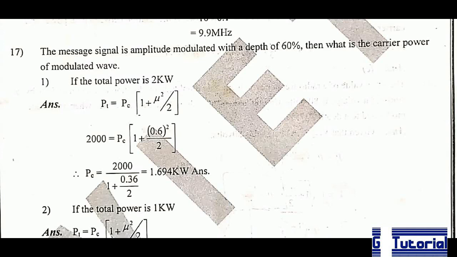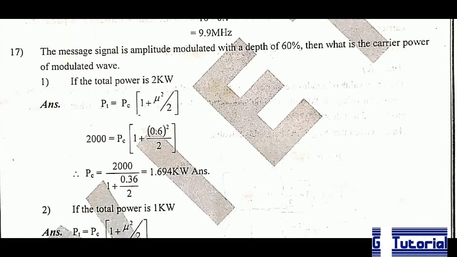So if the depth of modulation is given, we can find the value of mu, that is the modulation index. Mu is equal to 60 by 100, that is 0.6. And we are given the total power as 2 kilowatt. We are asked to find the carrier power. So we know that the formula of transmitter power PT is equal to carrier power PC into 1 plus mu square by 2.